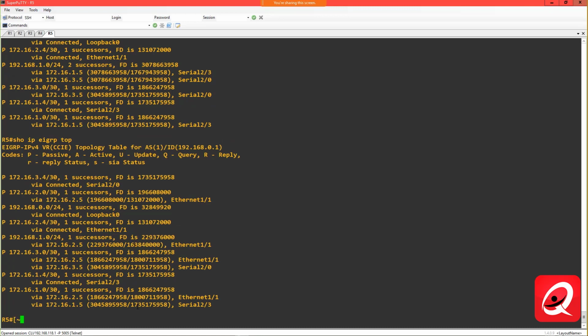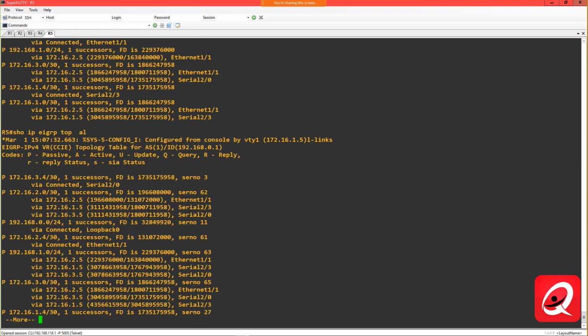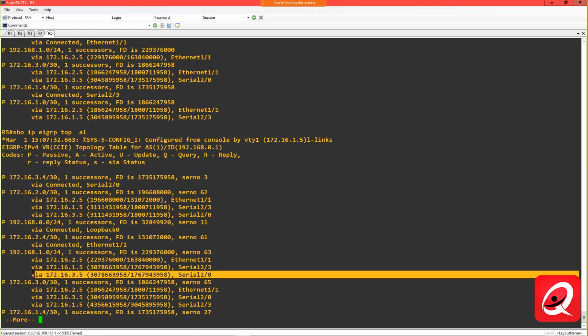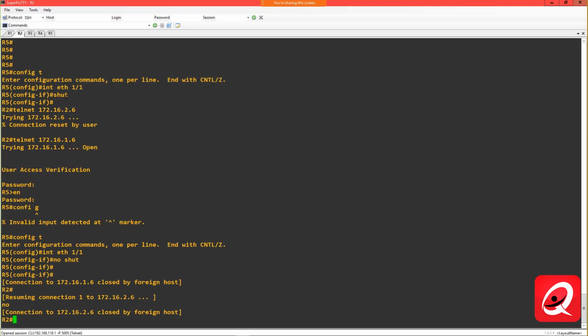If I do an all-links, I can see that I still have the 3 paths, but obviously these are not going to meet the qualification. So essentially I need to make sure that the metric, in this case the reported distance from my peers, is less than that particular value. So let's do that on router number 2.